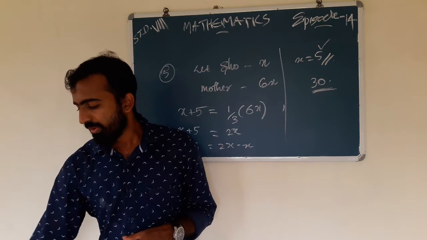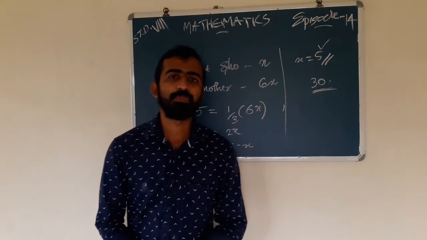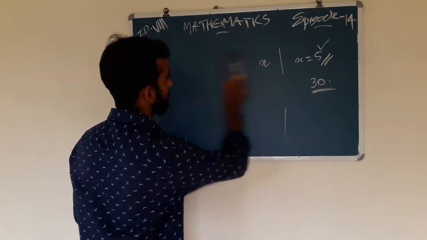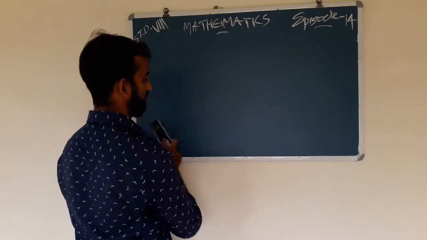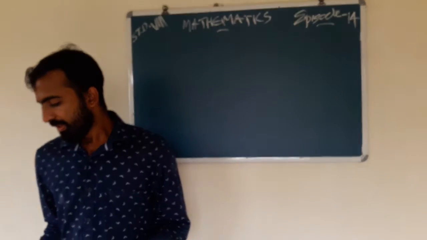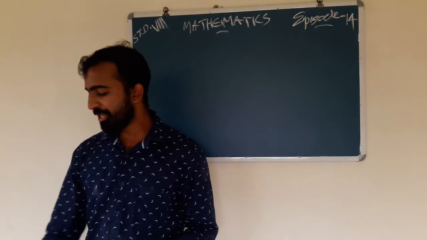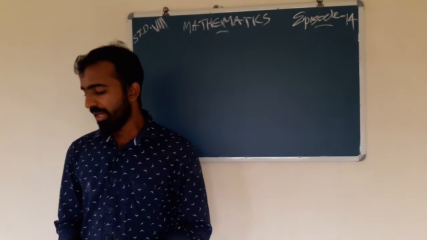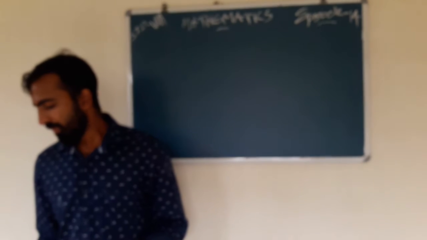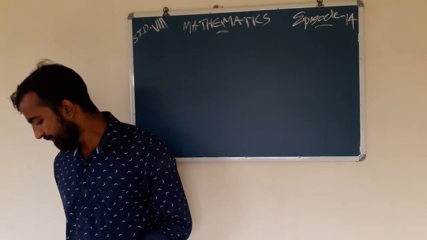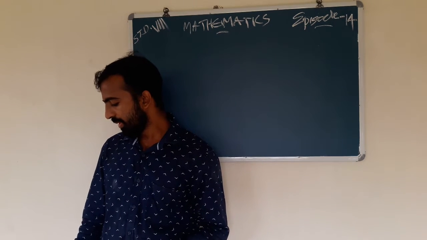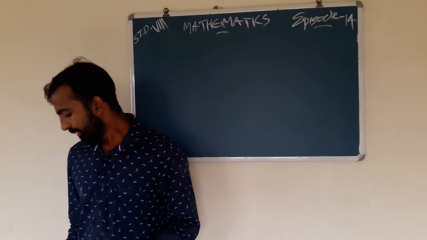Next is the 6th question. What is our 6th question? The sixth question is: there is a narrow rectangular plot reserved for a school in Mughal village.